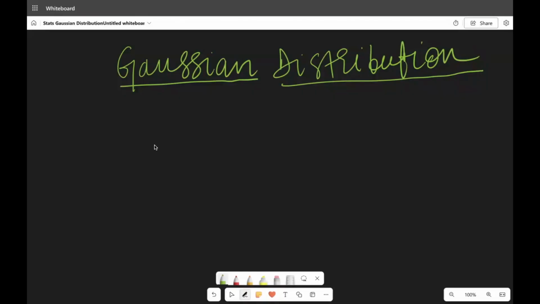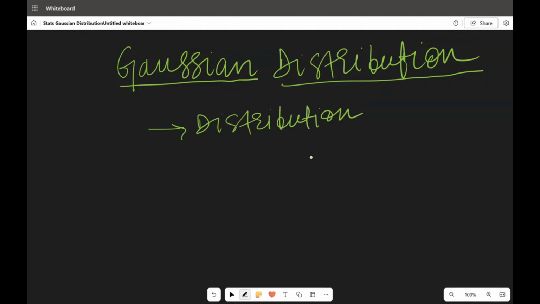So let's start. One of the most important ideas in probability and statistics is the concept of distribution. We will understand what a distribution is by using one of the most famous distributions called Gaussian distribution.